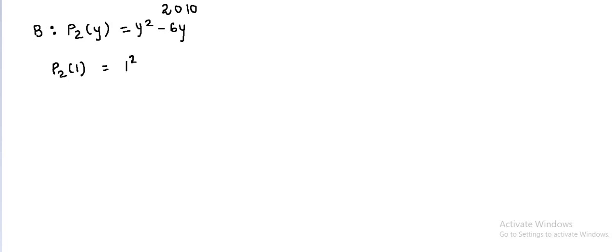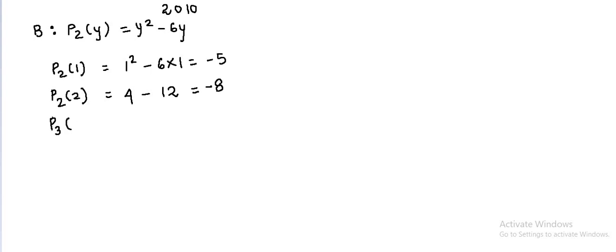So this becomes 1 squared minus 6 into 1, which gives you −5. You can do the calculation by yourself also. Again, let's go for P2(2). Put the value, you get 4 minus 12, which gives you −8. Similarly, keep putting the values and doing the calculation on your own, and you will get the result.